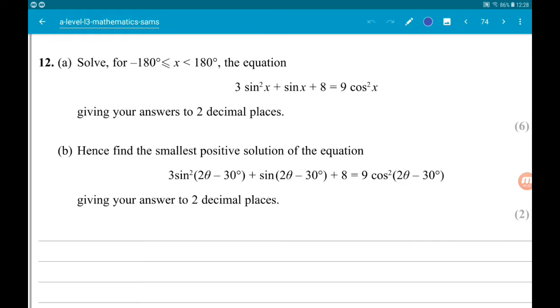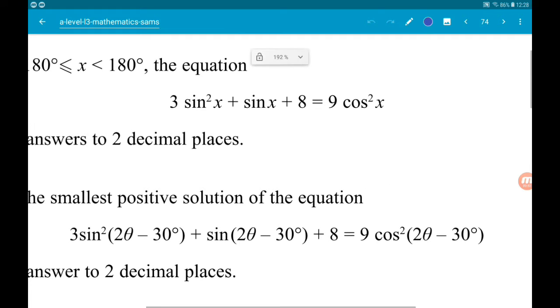So, fun. Right, what we need to do is reduce this into an equation involving just one function. So, given that sine is dominant, we're going to get rid of the cos.